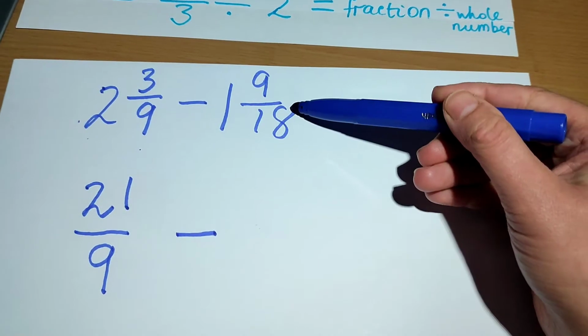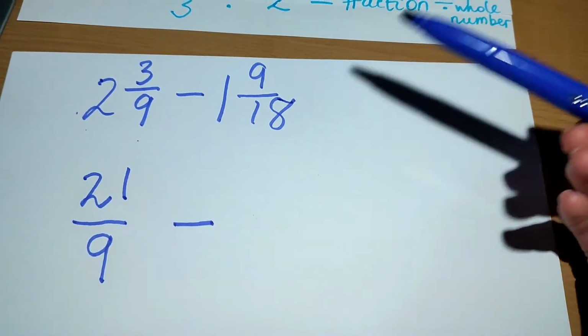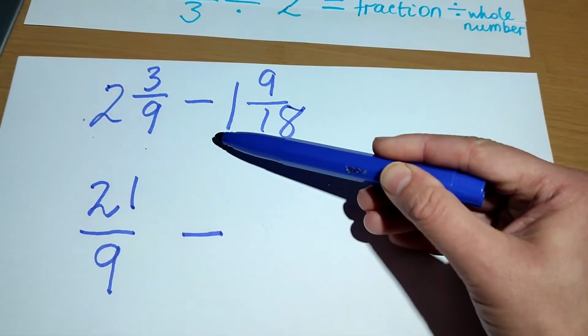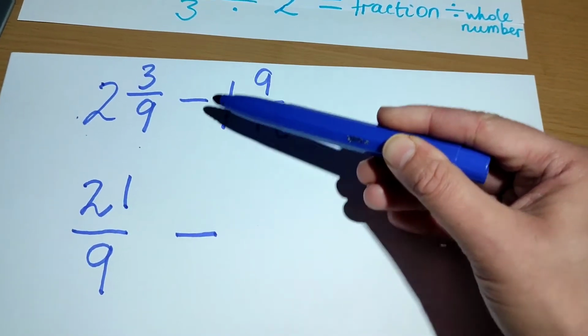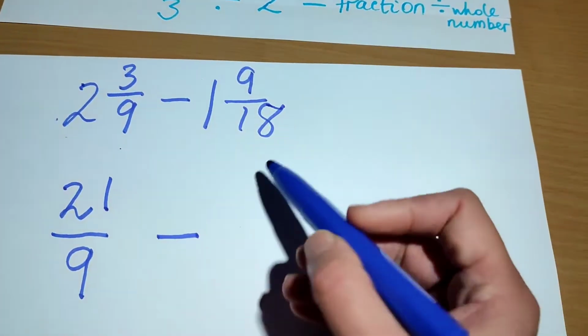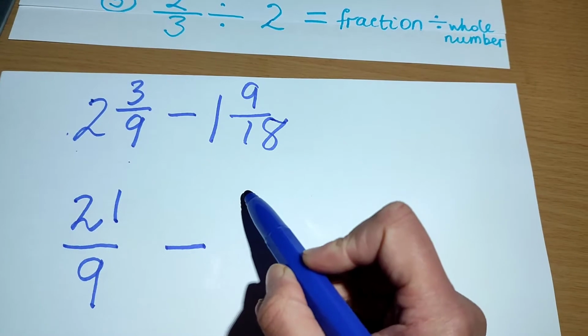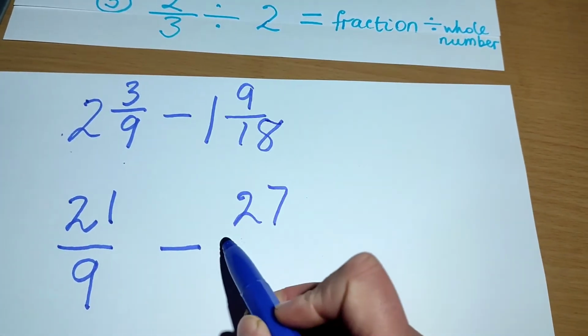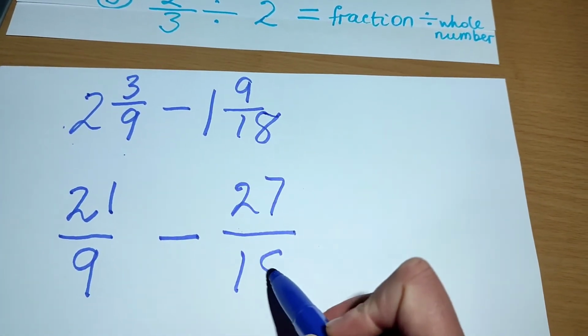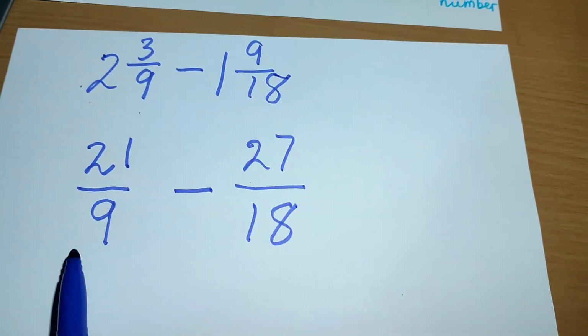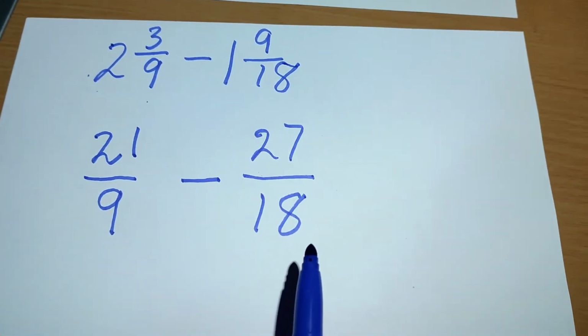Let's turn this mixed number into improper fraction. 18 times 1 is 18, and add 9. What's that going to be? 27 eighteenths.